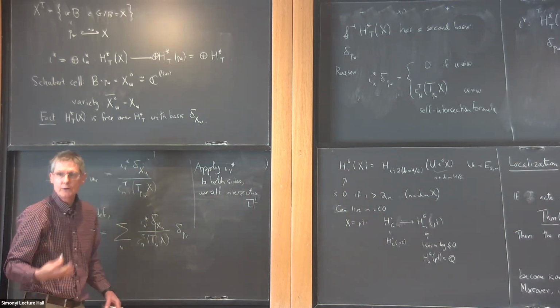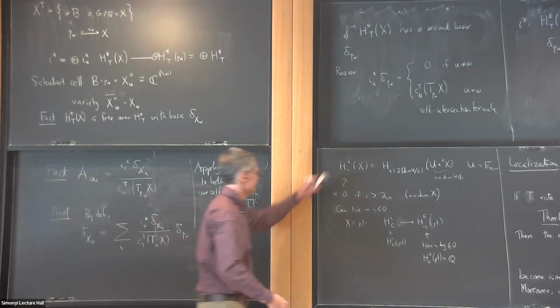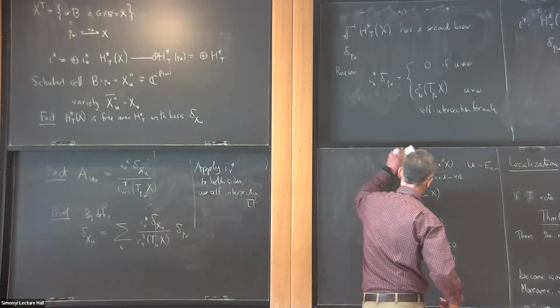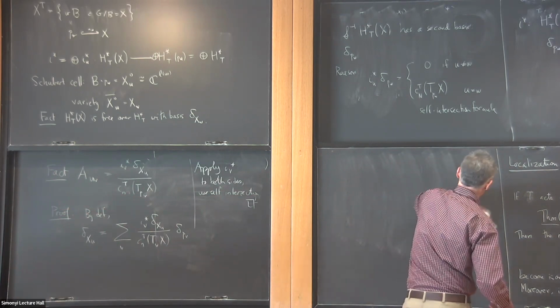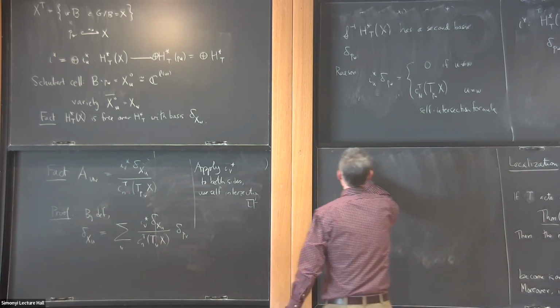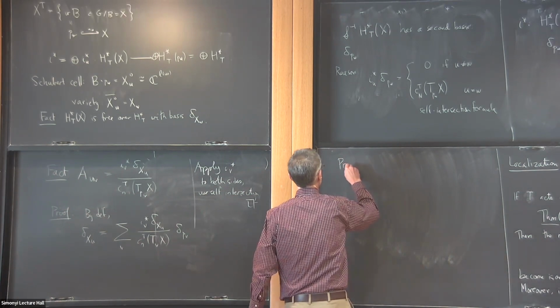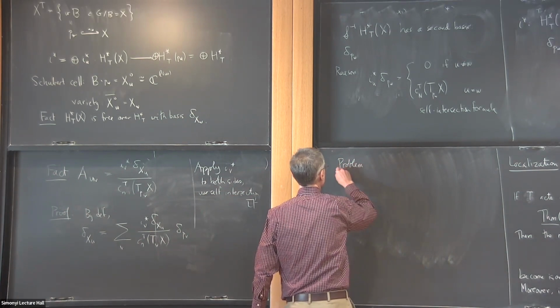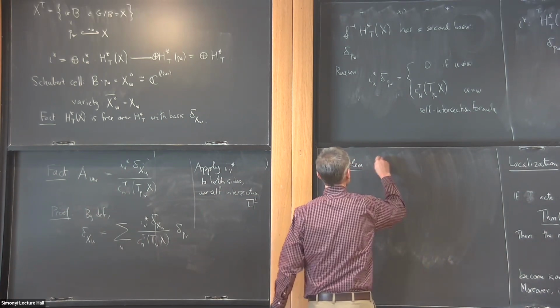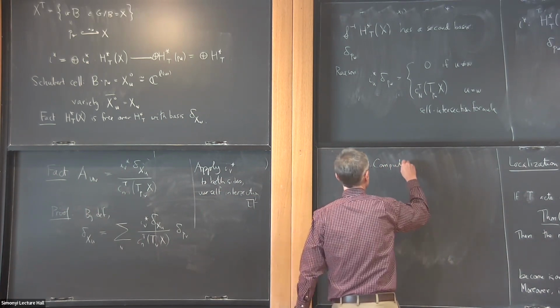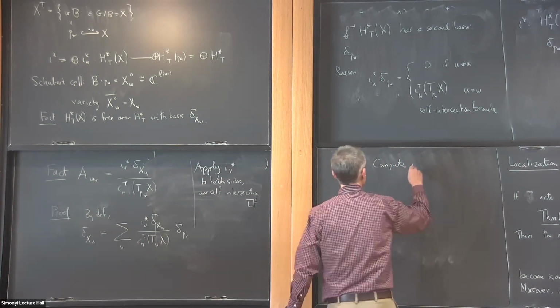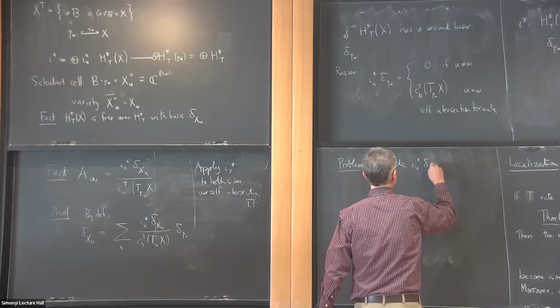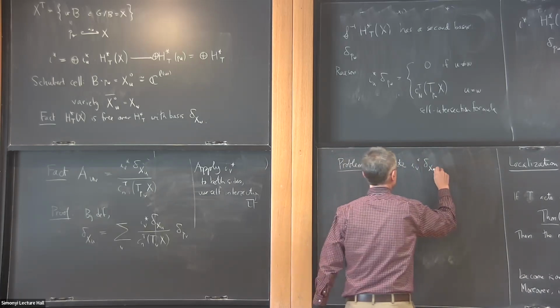If we could compute those, then we could compute so much. So now the problem is to compute i_v star of delta of X.